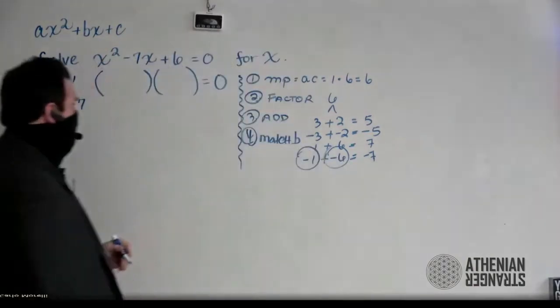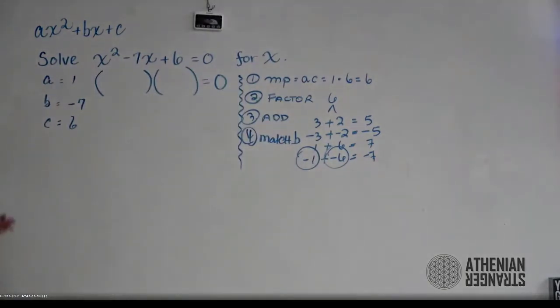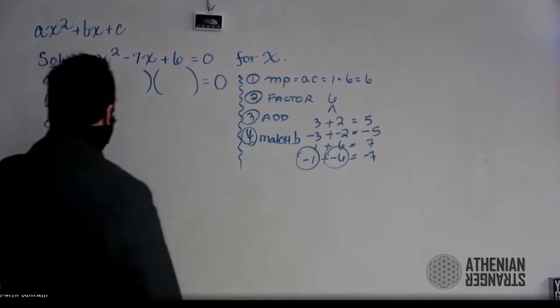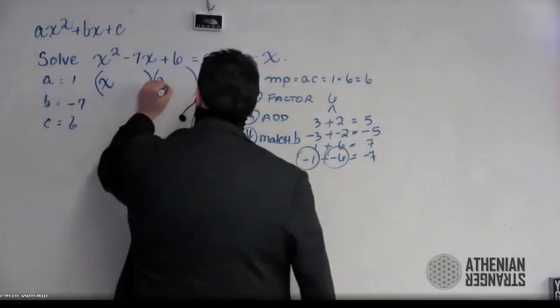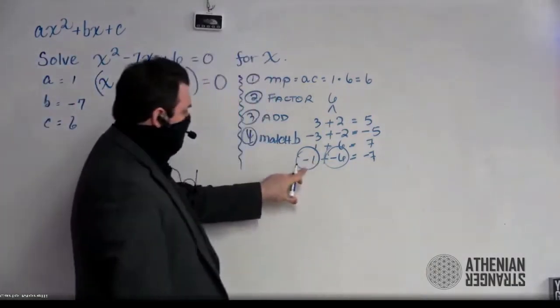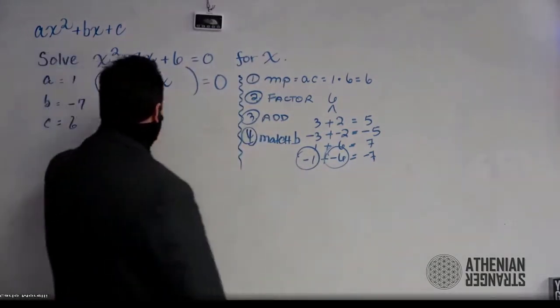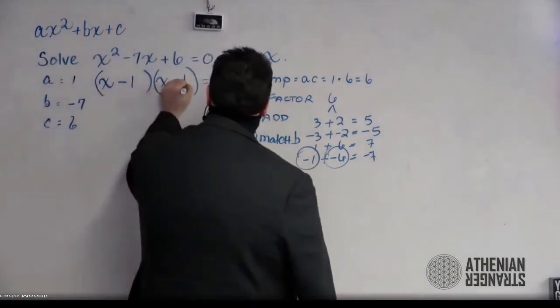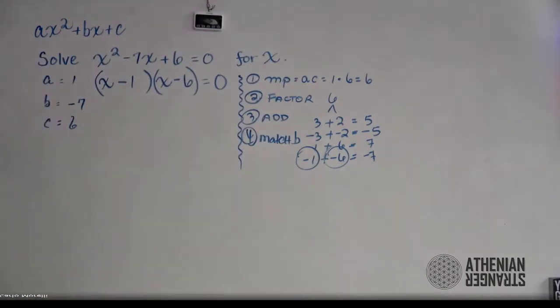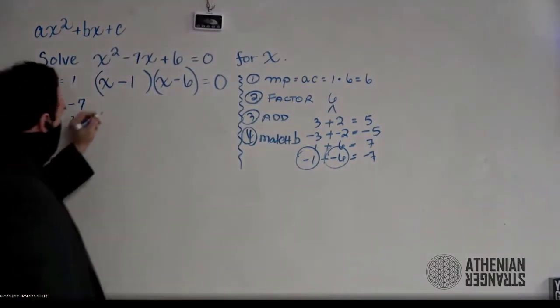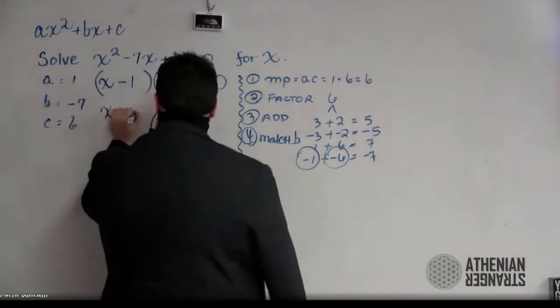So there's my template, open parenthesis, close parenthesis, open parenthesis, close parenthesis, equals 0. Stick an x right here and an x right here. And now you copy and paste your factors right there, minus 1, minus 6. The next step is to set each factor equal to 0.